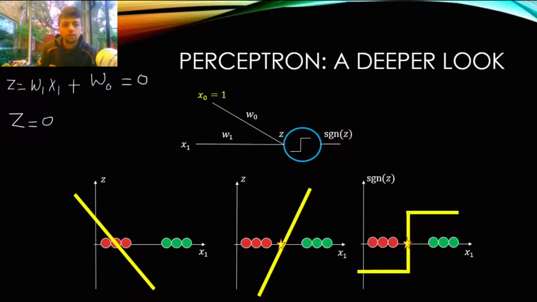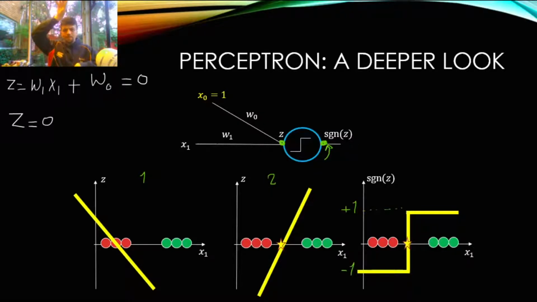There we go. So if you look here, the horizontal axis has changed from z to sign z, right? So right now we are at this point in our plot. In figure 1 and in figure 2, we were in this state. We were here, and now we are at this point. And that is when the output of your perceptron is either +1 or -1, right?